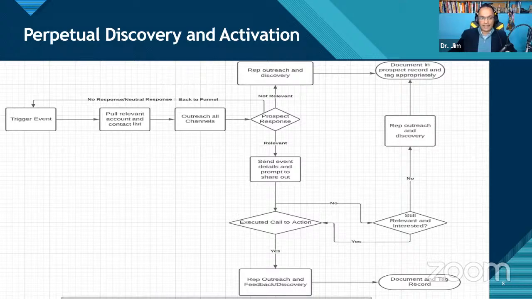You're going to go to that contact list and reach out to them across all of the channels that you typically reach out on. Based on their response, it's going to inform what you need to do. And then you just follow the map. I mean, this is basically a process flow.